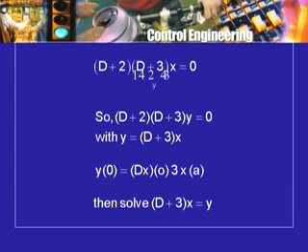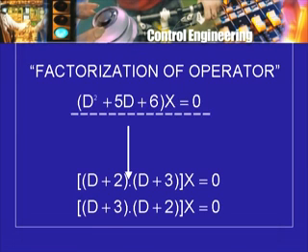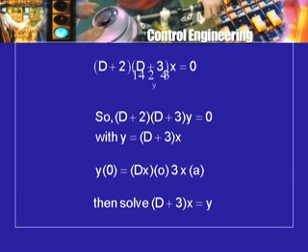Now if you have been attentive, you can see that from this I get a method of solving the original equation, D squared plus 5D plus 6 acting on x equals 0. Because as I have written here, D plus 3 acting on x, if I denote it by y, then what I have here is (D plus 2)y equal to 0.